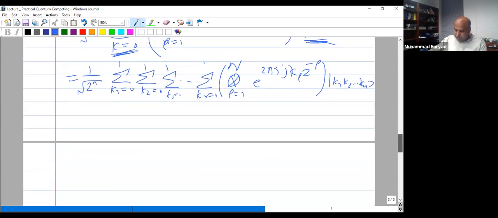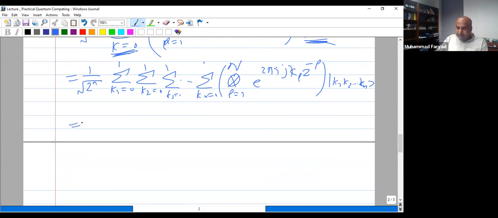Okay, so let's now rewrite it like this: I have this 1 over square root of 2, and let me make all of this to the power n. This n which is here, I'm taking it out. Now this sum over all of these terms can be written in an overall product like this, where I go from l equals 1 to n of exponential 2 pi i j k_l 2^(-l), with k sub l.